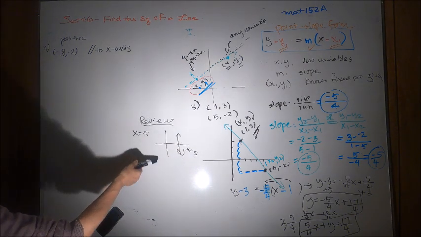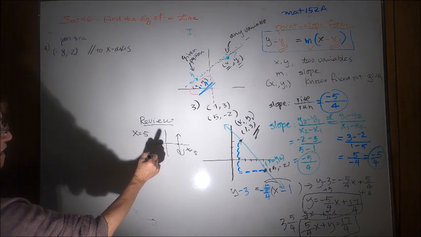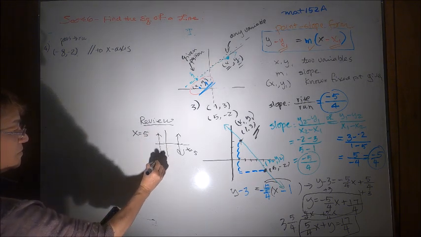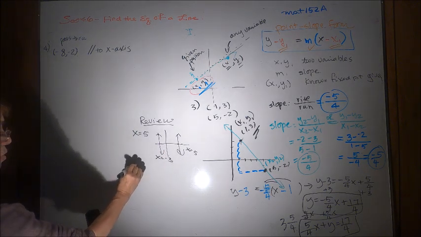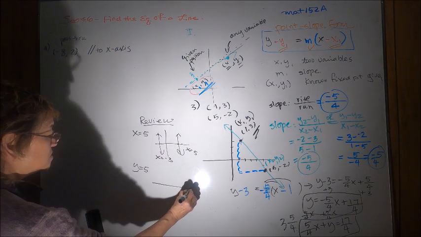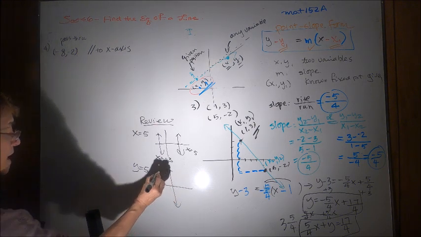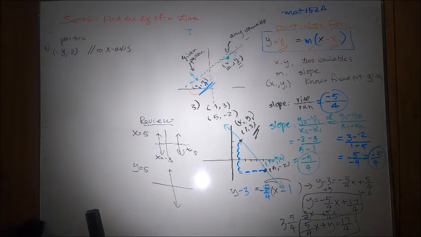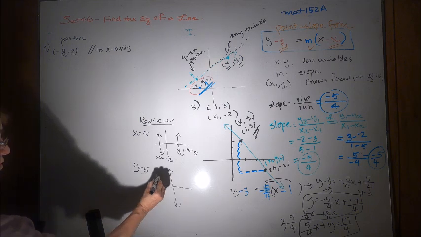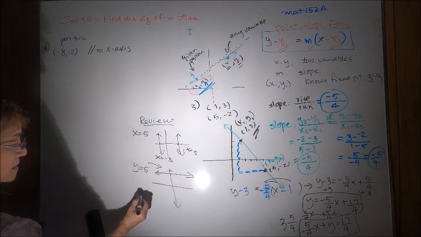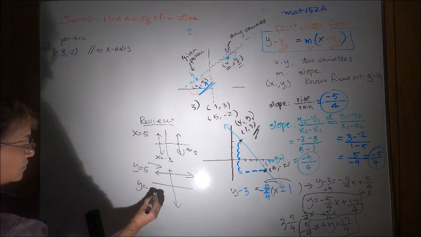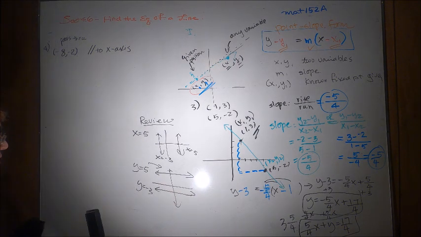No y's, that means y is going up and down freely. So if here, that would be x equals -3, things like that. And if y equals 5, that means no x's. That means x is free to run, going left and right, so that will be a horizontal line, right? If y equals -3, that would be like this.